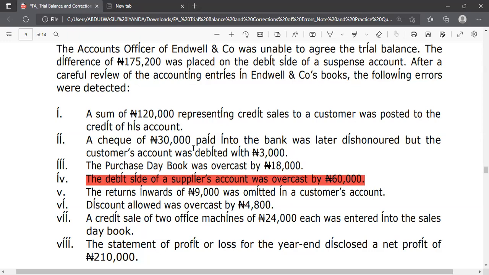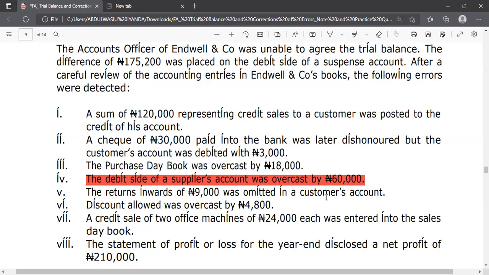Number 5, the return inward of 9,000 naira was omitted in the customer account. So meaning that the transaction has been performed, but for return inward there are 2 entries.